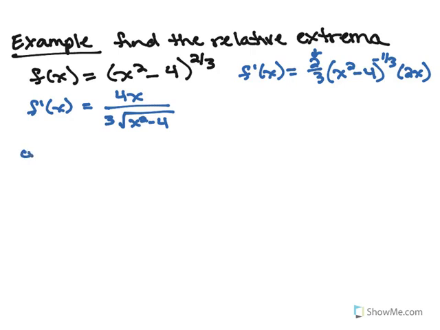So I'm going to get critical numbers when the numerator equals 0. So that's just going to give me x equals 0. And when the denominator equals 0.